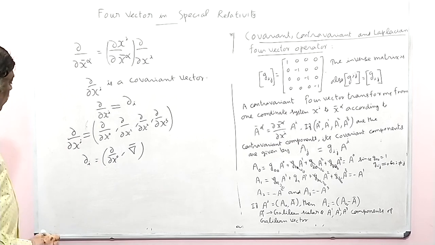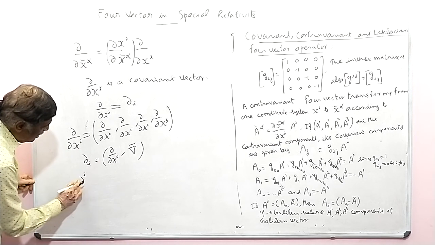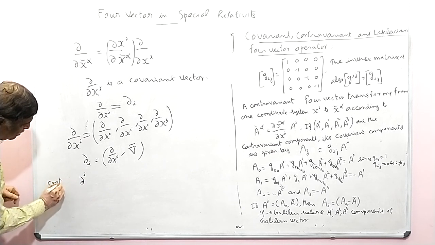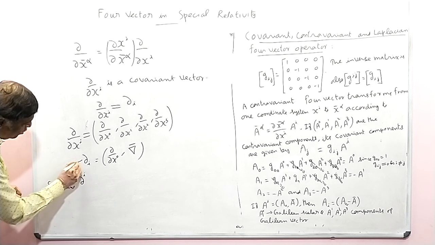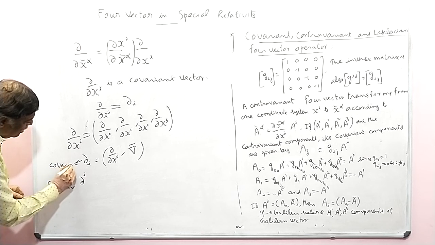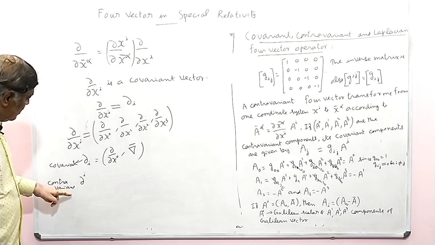Now how will you find the partial d with the superscript i? This is a contravariant vector. And this is a covariant operator, a covariant partial differential. So, covariant operator, this is a contravariant.